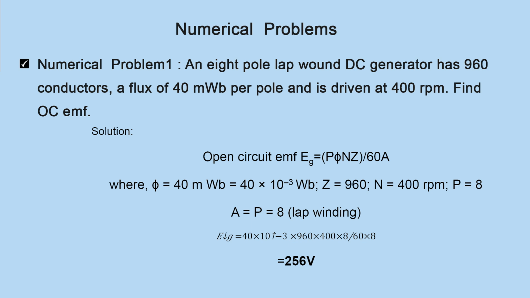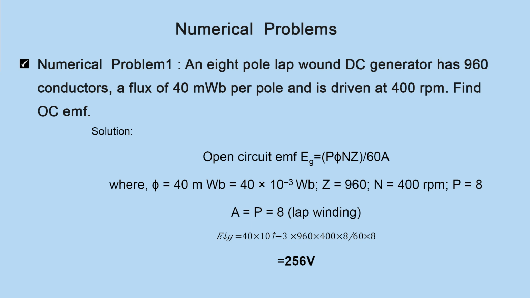Since it is a lap winding, A is equal to P, which means A is equal to 8. So put those values in the formula. Then what you will get? You will get the value of induced EMF, which is 256 volt. So this value will be induced in the generator.